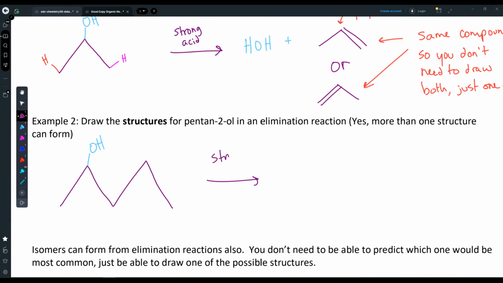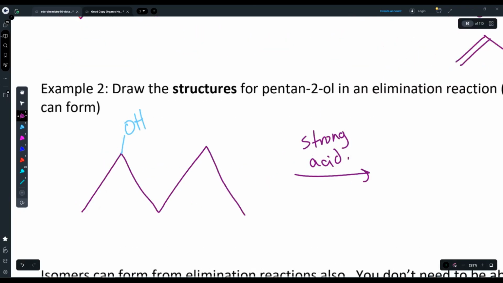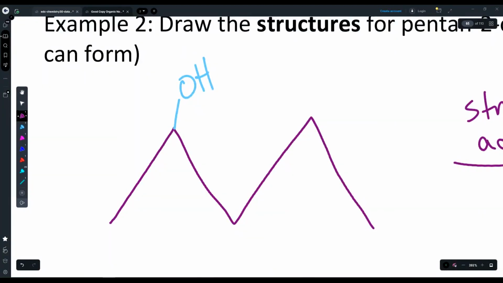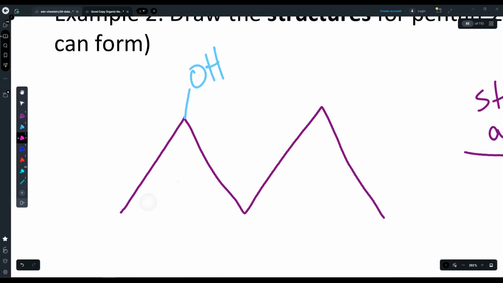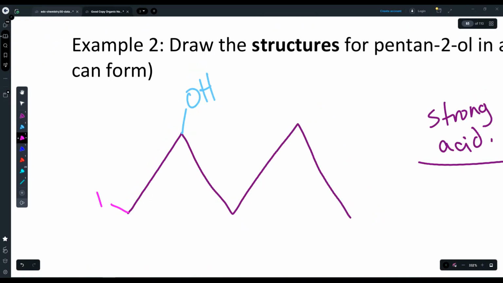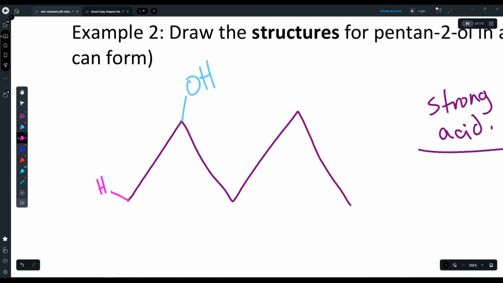We have our strong acid as our catalyst. Now I'm just going to highlight the hydrogens so it's easy to see what I'm talking about. I'm going to highlight this hydrogen and this hydrogen.